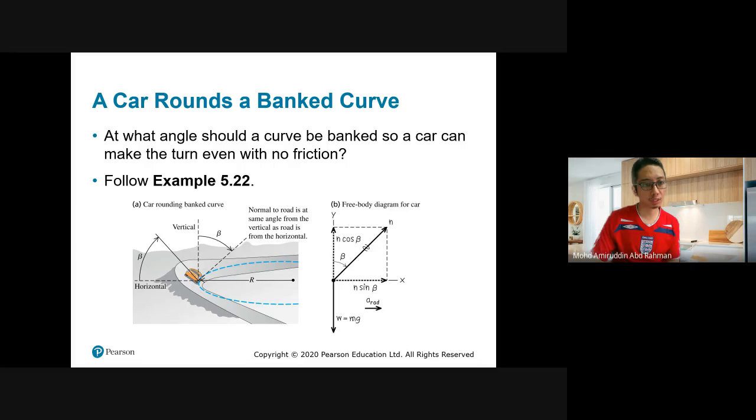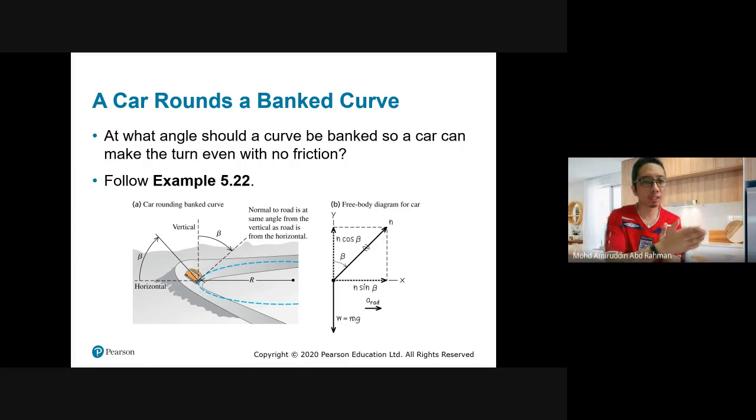So we have that car at that angle. It is actually like a velodrome, like a bicycle velodrome. The track is a little bit curved.